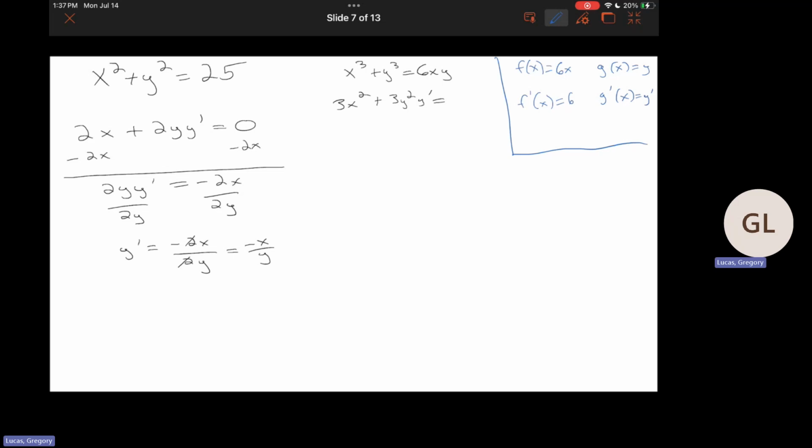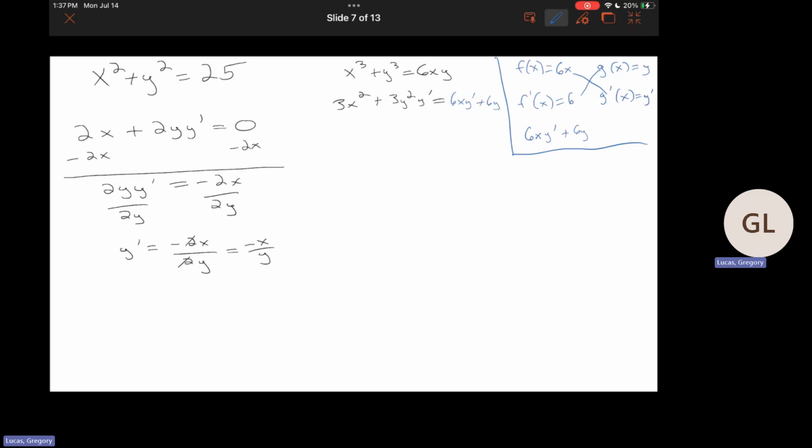The derivative of y would be 1, but then every time we take the derivative of y, we're multiplying by y prime. So we do our product rule. I'd have 6x y prime plus 6y. So 6x times y prime, 6 times y. So I have 6x y prime plus 6y.